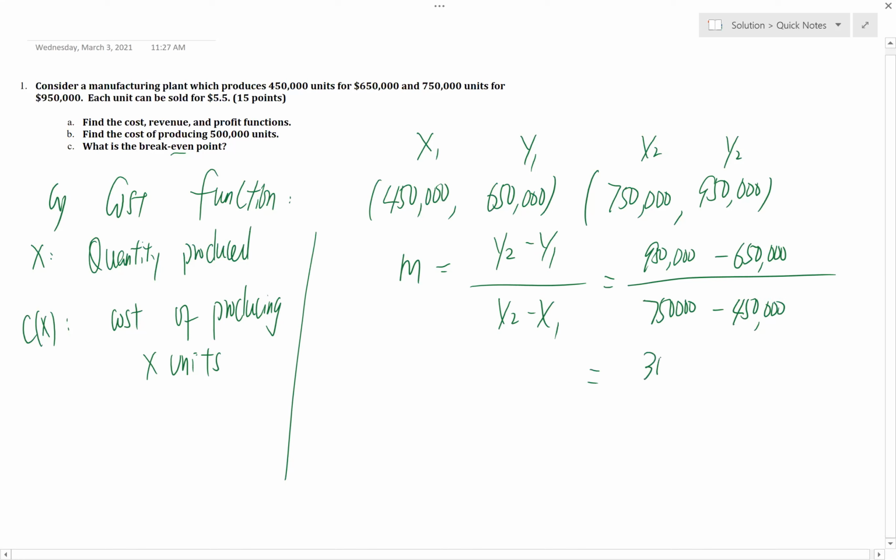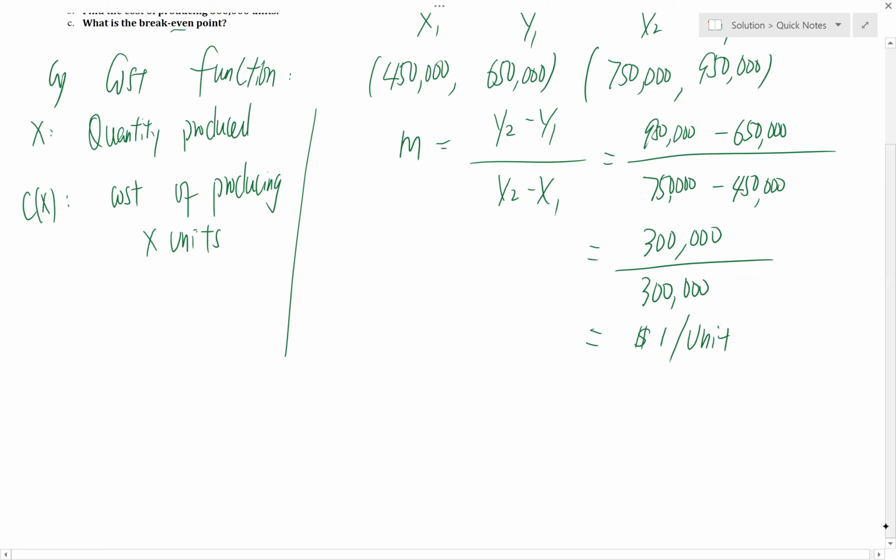This turned out to be 300,000 over 300,000 in the denominator. So the cost will be $1 per unit, right? So this is what it is, $1 per unit. That's the cost.